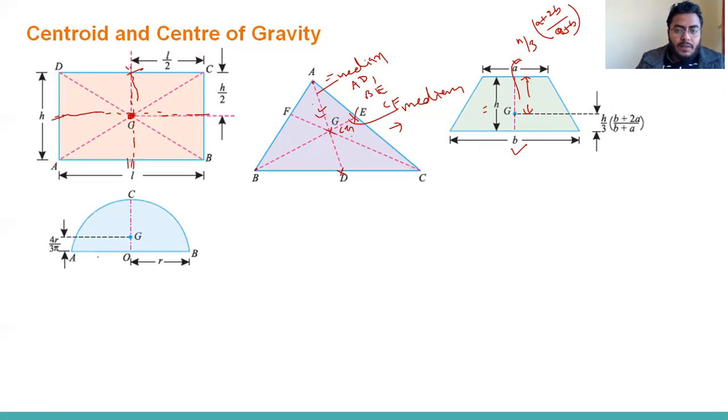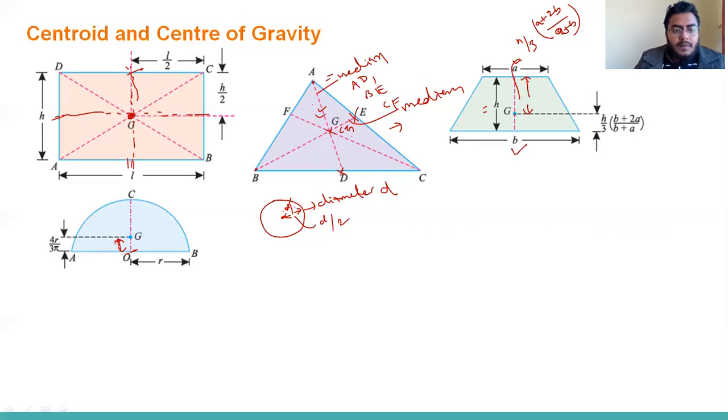For the case of a semicircular shape of area, first for a circle, we know its diameter is d. So the center would be at d by 2 distance from each point on the circle. But for a semicircle shape of area, the centroid will be 4r by 3 pi distance from the diameter side, from here.